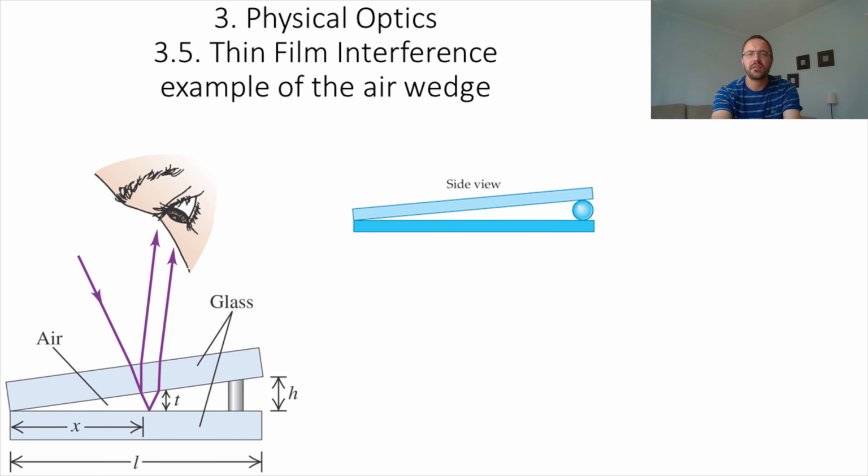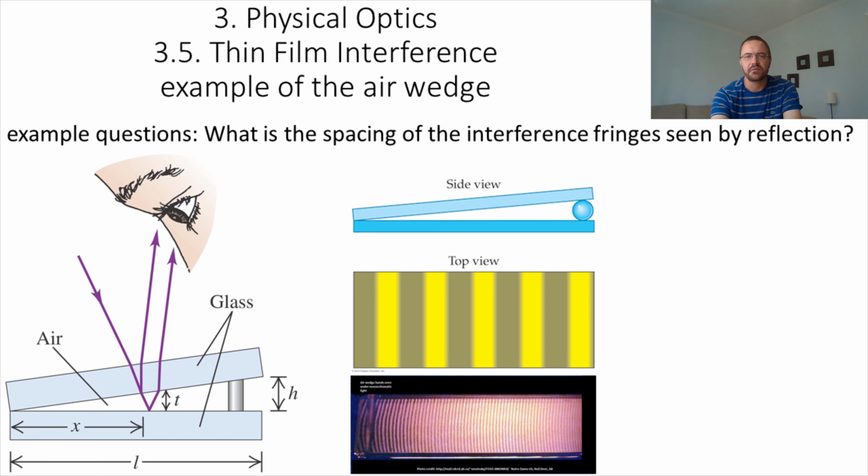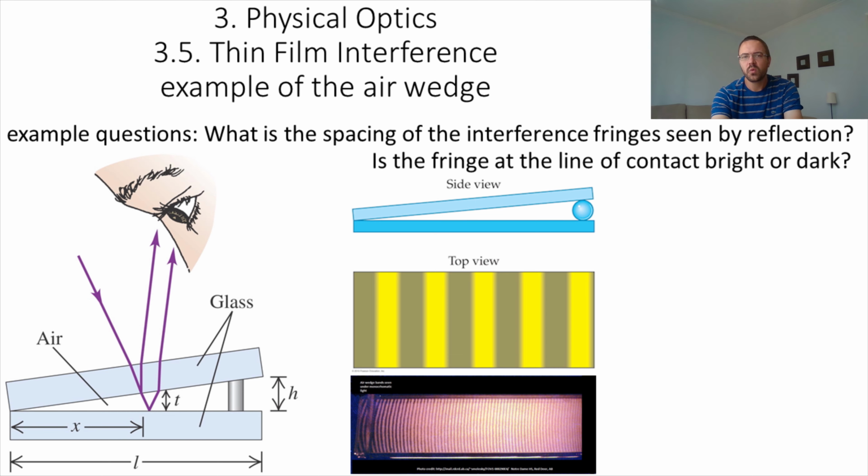Because the thickness increases, it will produce a set of bright and dark fringes when looking at it from the top. The two example questions that we will try to answer are: what is the spacing of the interference fringes? And what is the fringe at the line of contact? Is it bright or is it dark?